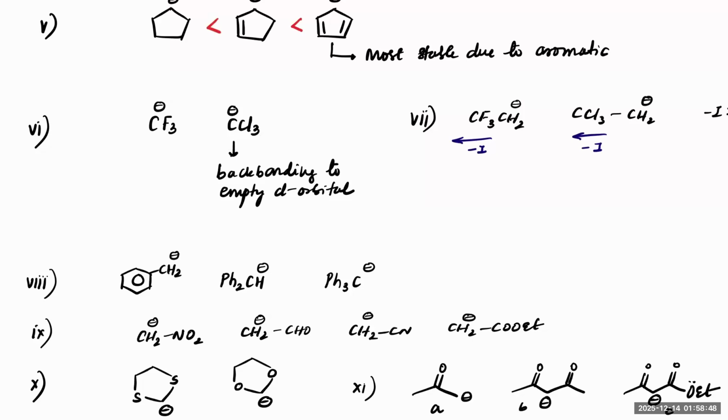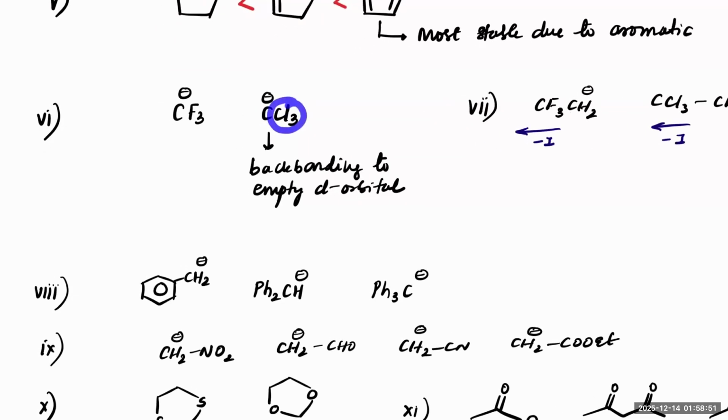See, in CCl3 minus, carbon is holding a lone pair of electrons with a negative charge on it, and it is connected to chlorines. Chlorine has empty orbitals, where this lone pair can get delocalized.